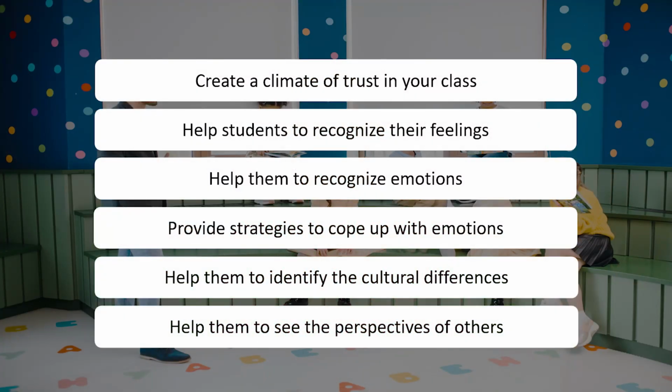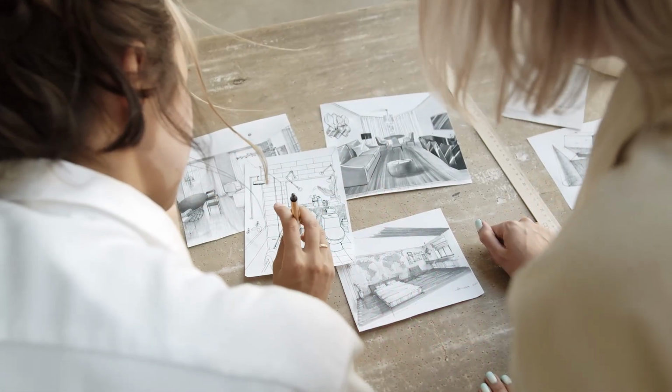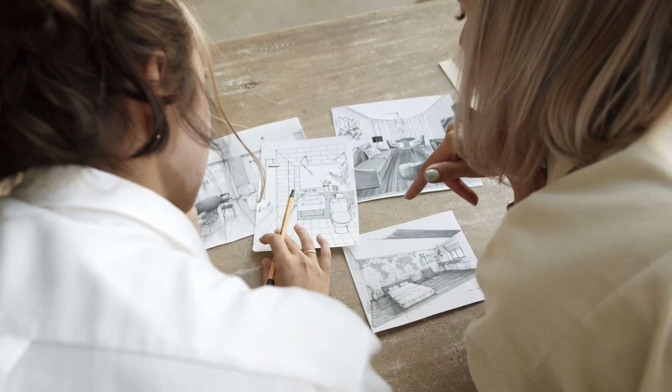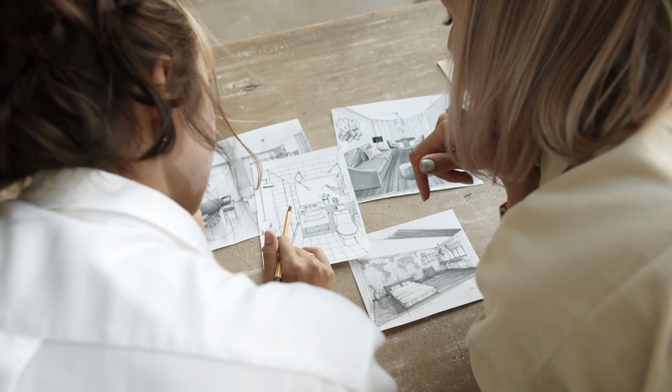Another very important point is that we differ in our perspectives. Why? Because we come with different social backgrounds, we come with different experiences. So therefore, it is but natural to have differences in our perspectives. So we have to make our students understand that in order to be socially more compliable in the classroom, it is always good to listen to others, to listen to other perspectives, and by listening to others' perspective, it does not mean that your perspective will not be taken into consideration.